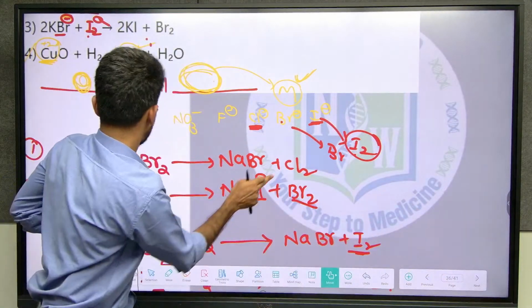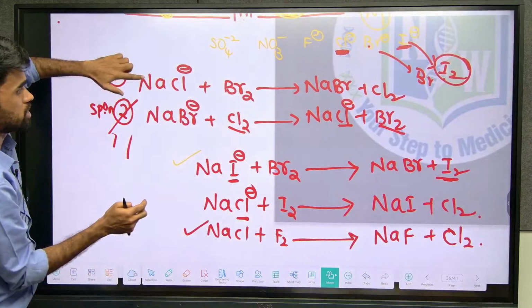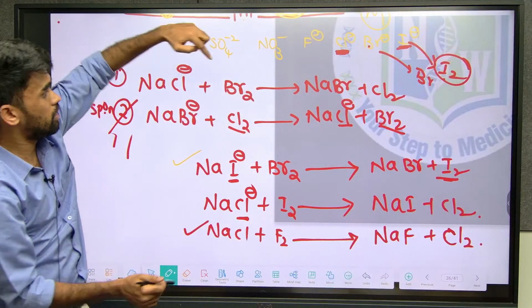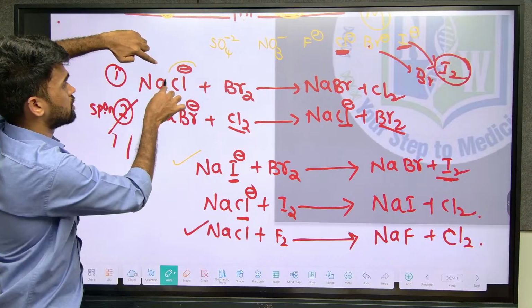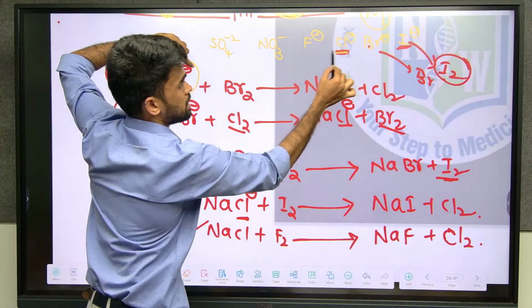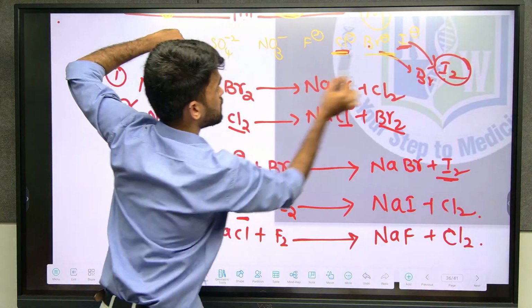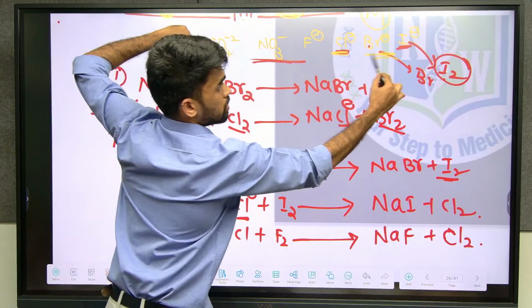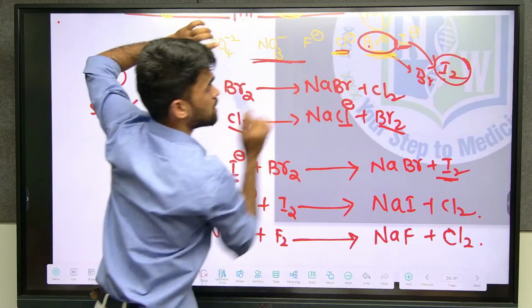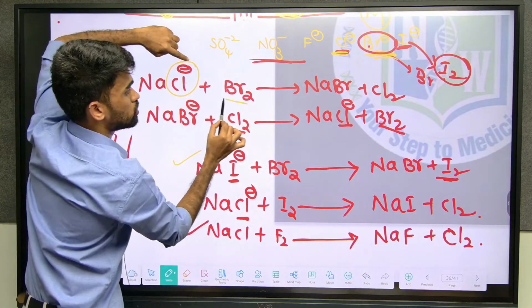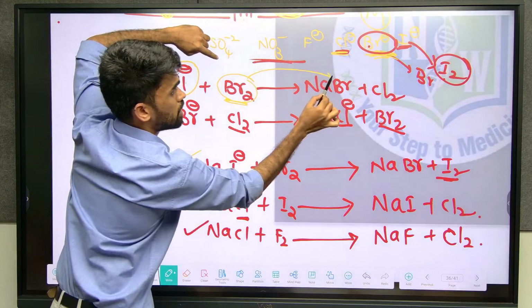So now, here if you observe these two reactions, in this first reaction, what do we have here? With which ion are we reacting? This side ion or this side ion? So if the ion is at the right side, see Br2 now, it will convert into the ion.